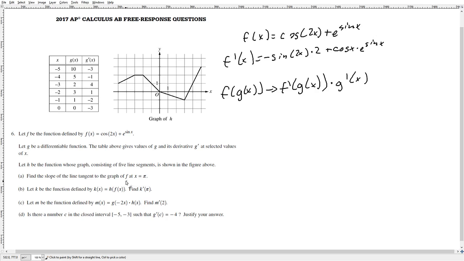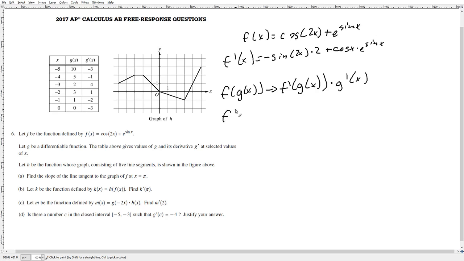Now it asks us to find the slope of the line at x equals pi. In order to find that, we'll just plug in pi. We'll replace every x with pi.